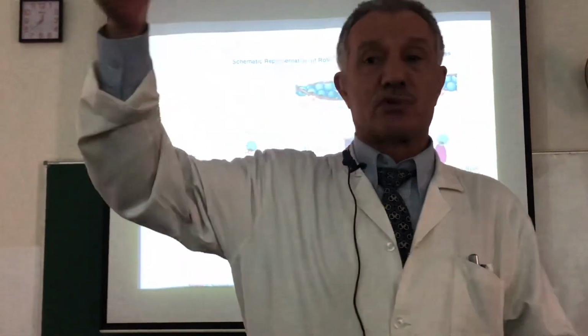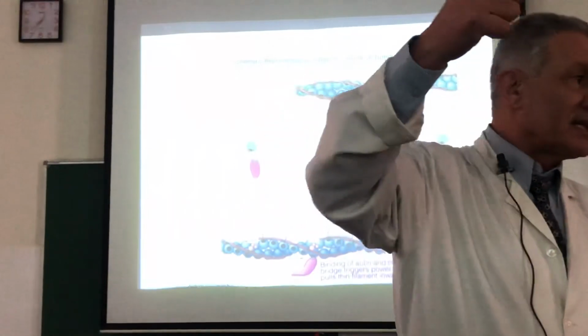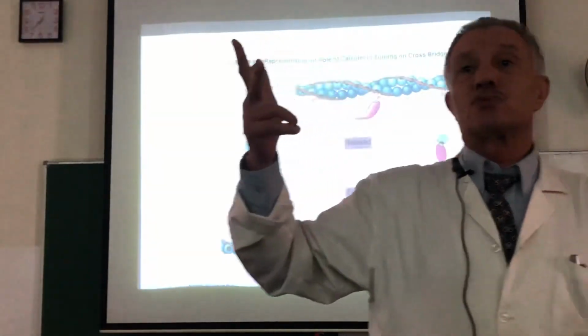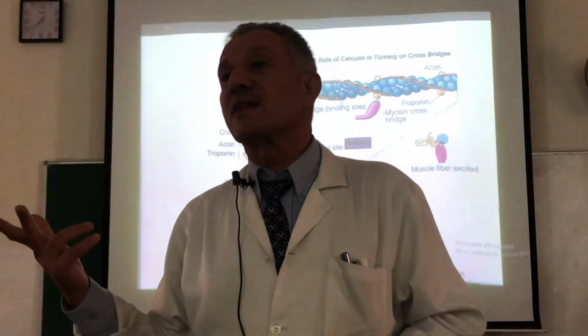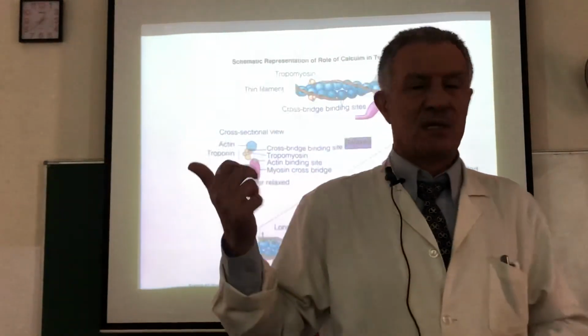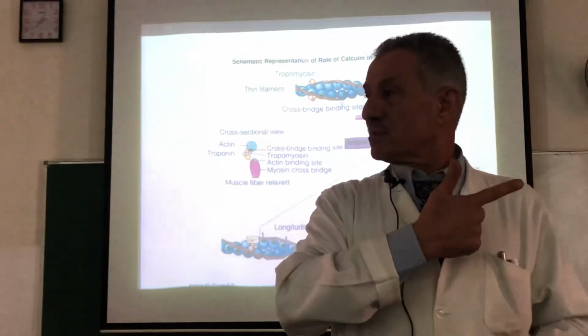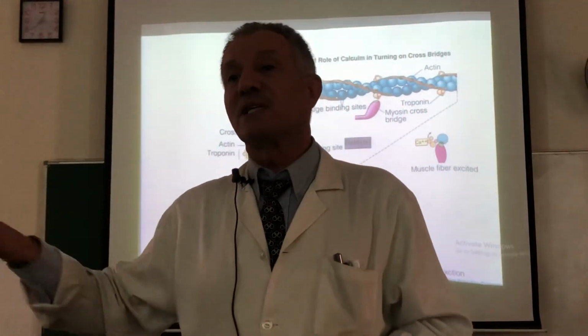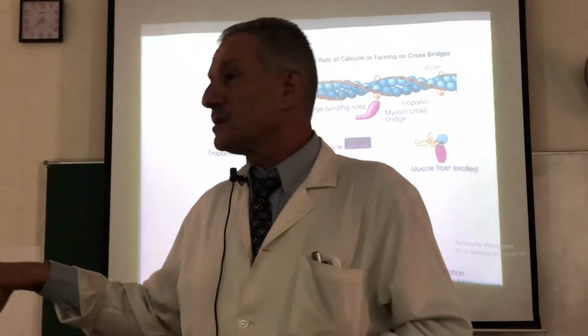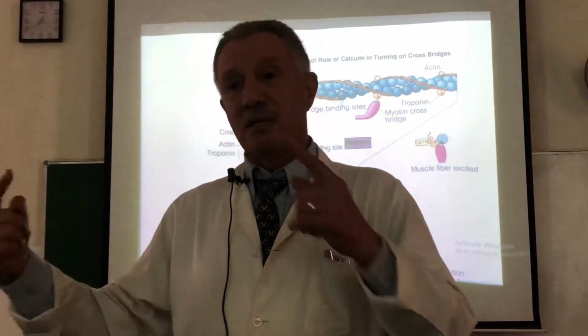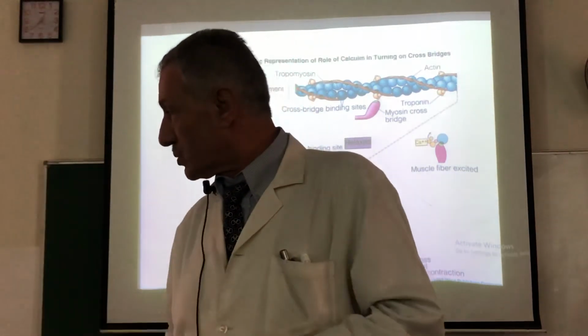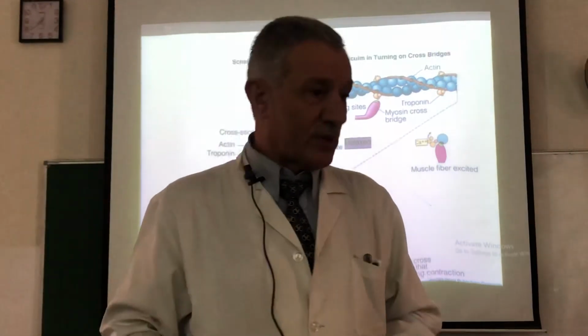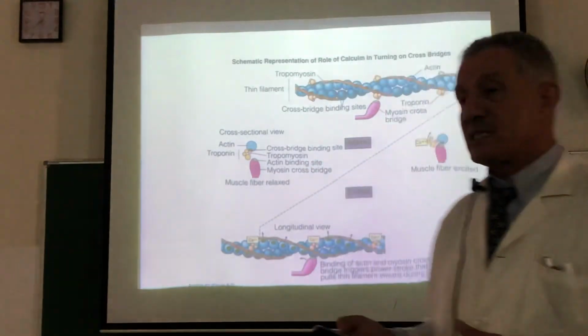We have troponin C, we have troponin T, and we have troponin I. Why are we calling them in that way? Troponin C is to interact with calcium. Troponin T is inserted to tropomyosin. I is the link between the two types of troponins, between the T and the C.